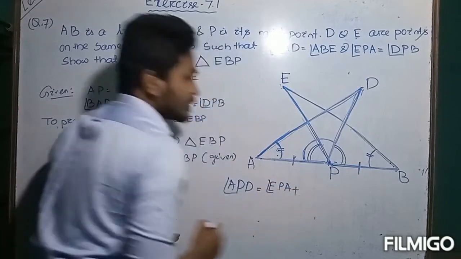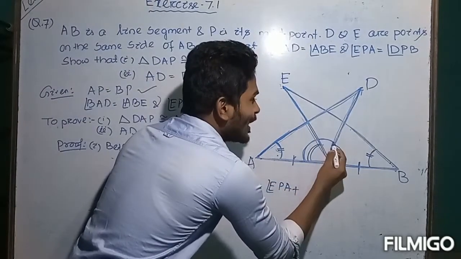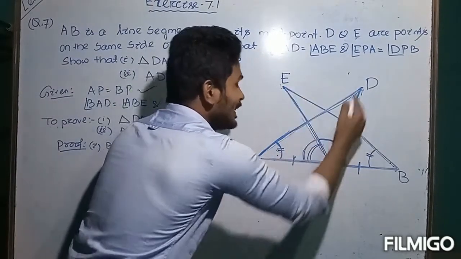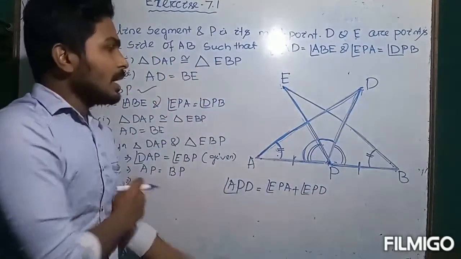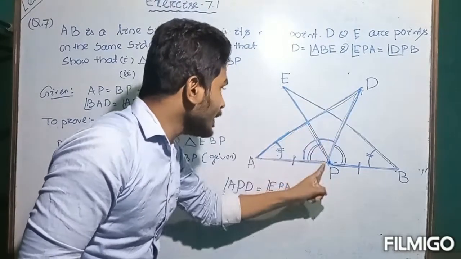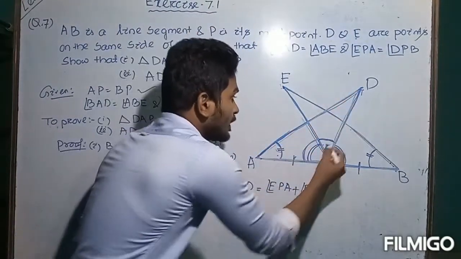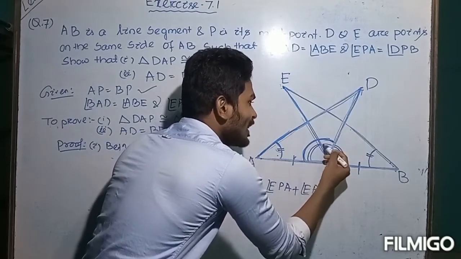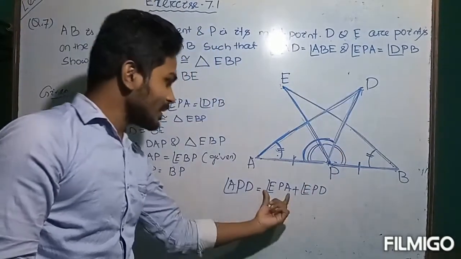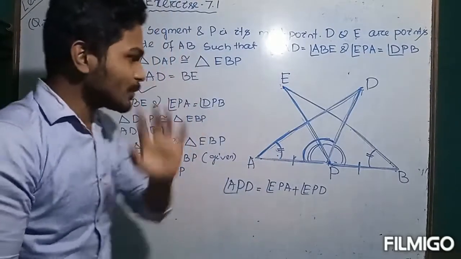EPA plus this small angle EPD. Let me tell you again. In the triangle ADP, look at it carefully. The total angle can be written as this angle plus this small angle. Yes? Understood?